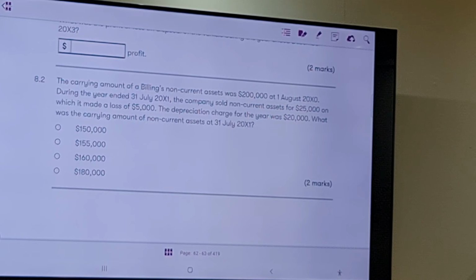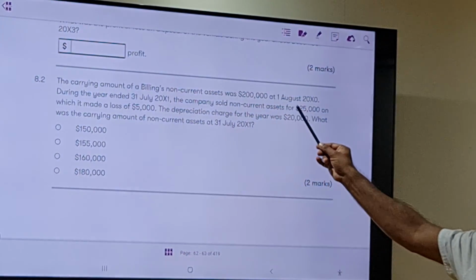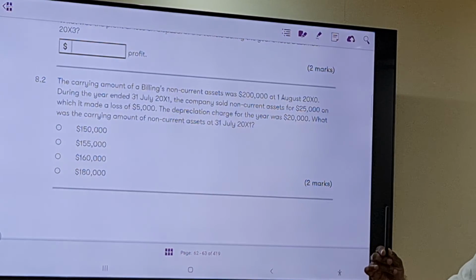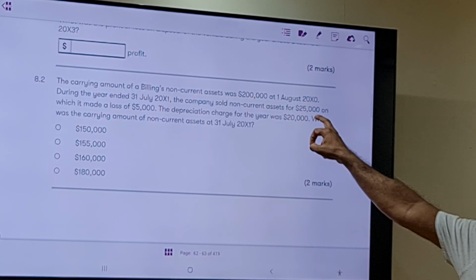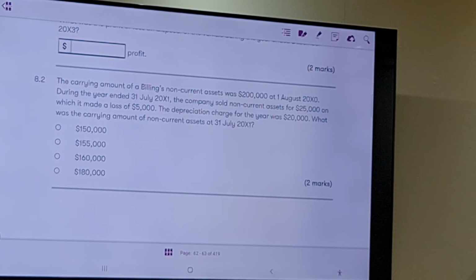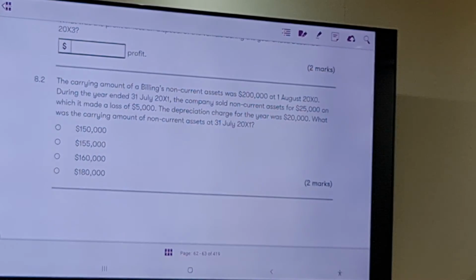Here they are saying the company sold a non-current asset for 25,000. That is the cash they got. It is receiving that money, they made a loss of 5,000. So you pay me 25,000 and I got a loss of 5,000.